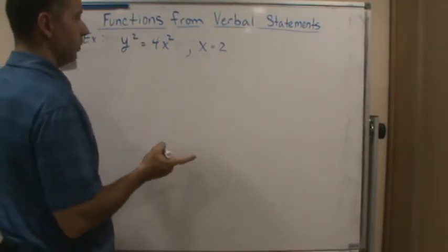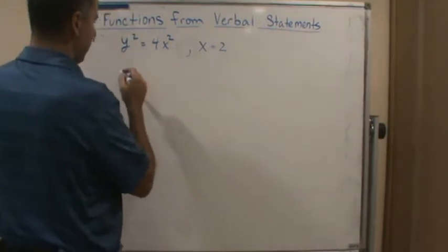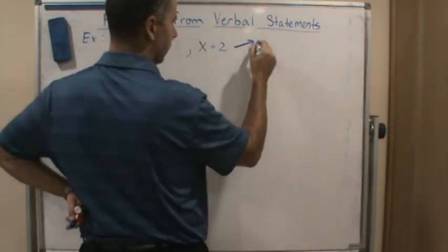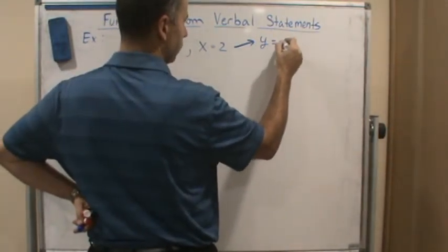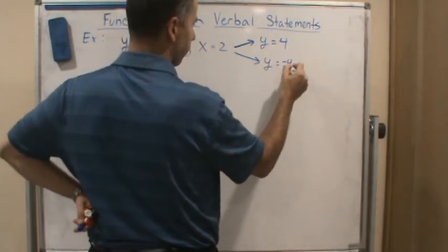This is going to actually result in two answers for y, because I'm going to get y equals 4 and y equals -4.